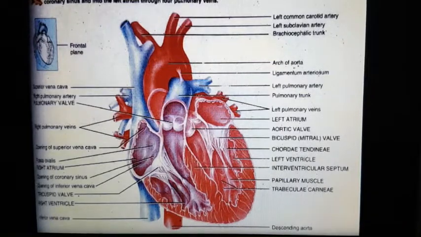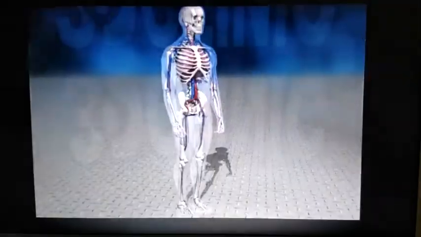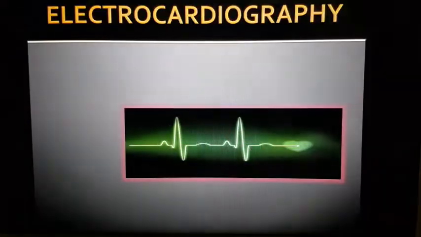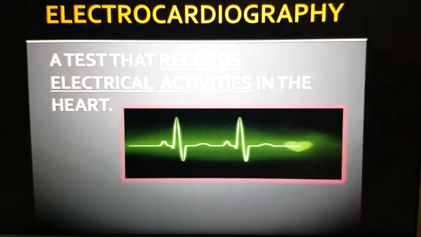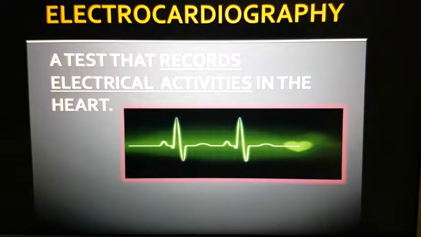Okay? So anyway, I need to stress here your electrocardiography. Your ECG is actually a test that records electrical activities in the heart. It's very clear. It records electrical activities, because a common mistake is that they associate the electrocardiogram as a test that records contraction. Remember, your ECG will not record contraction. It records electrical activities.